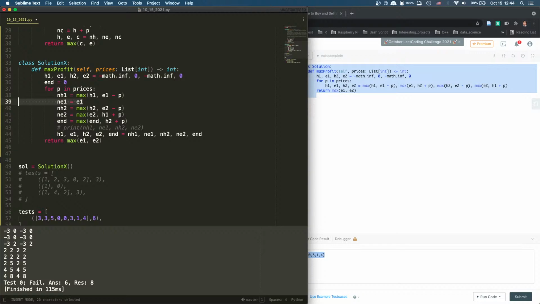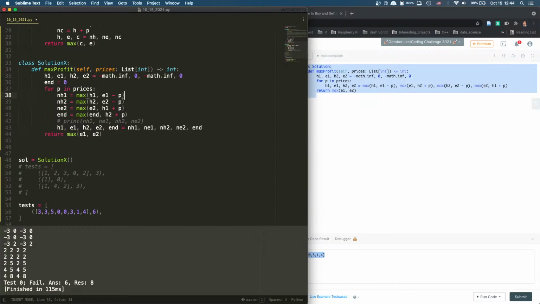E1 is used, but E1 never changed. Okay, if that's the case, then we don't need E1. We just need 3 states, H1, E2, and H2, and end.